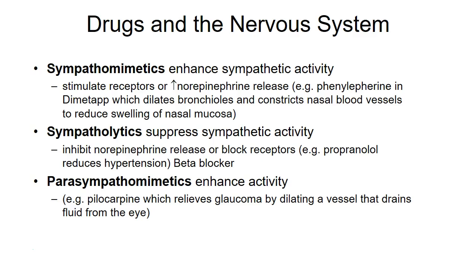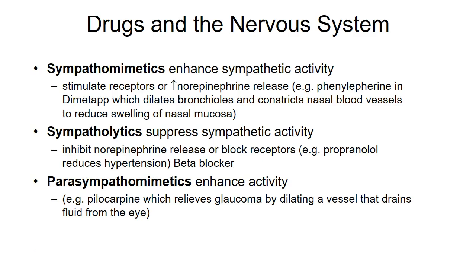One example is the drug pilocarpine. It can be used to relieve glaucoma by dilating blood vessels. Glaucoma is increased pressure in the eye, and to decrease that pressure, you dilate blood vessels to remove a lot of that increased pressure, which is caused by an elevated amount of liquid. So dilation. Hopefully this makes sense to folks.